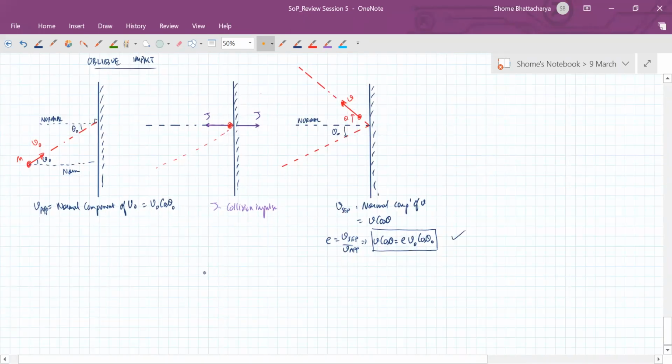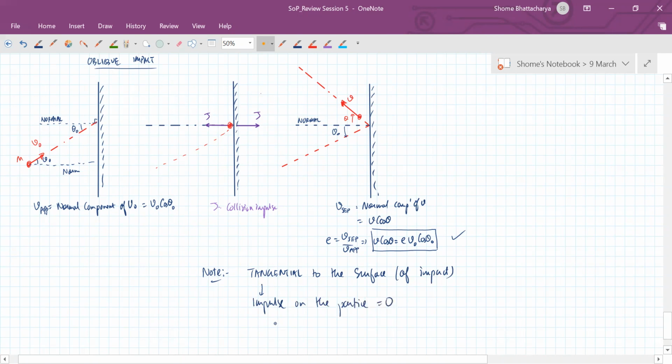And of course, tangential to the wall, the surface of impact, the impulse on the particle is zero. So tangential momentum of the particle is conserved.